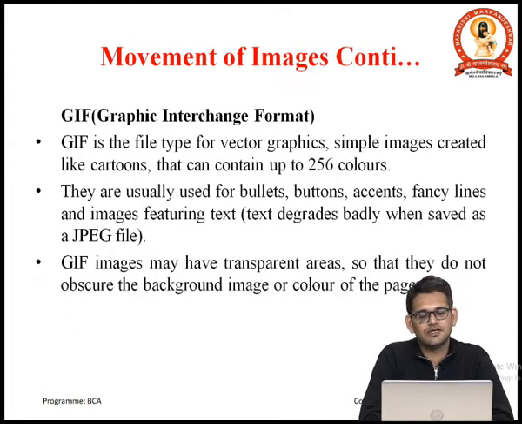The first one is GIF, or graphic interchange format. It is a file type for vector graphics, simple images created like cartoons that can contain up to 256 colors. So, GIF images are basically vector graphics, simple images or cartoon images, and these contain a color range of 0 to 256 colors.